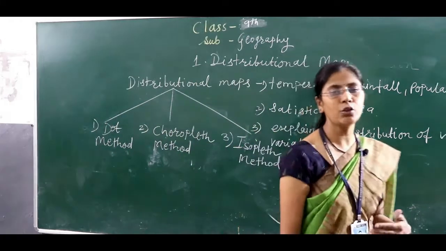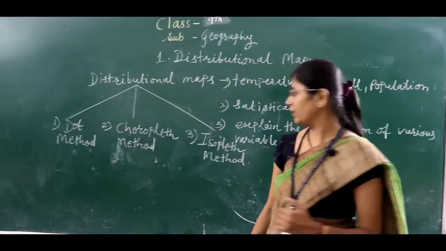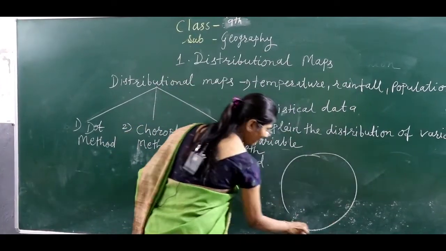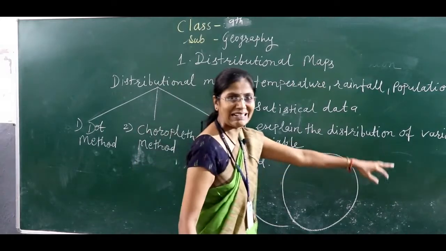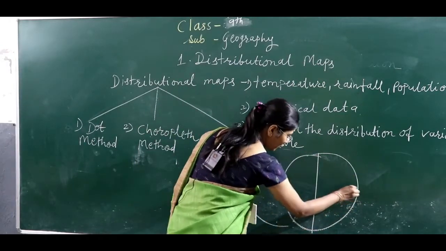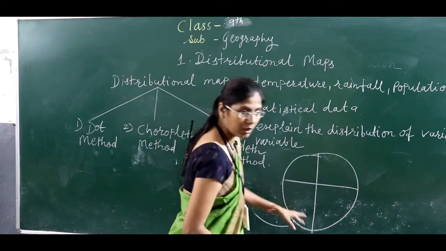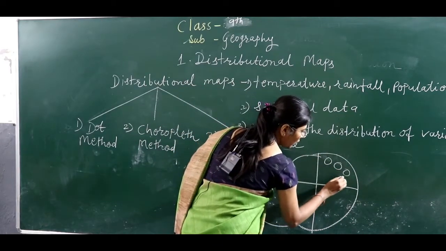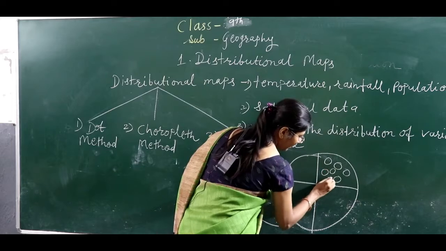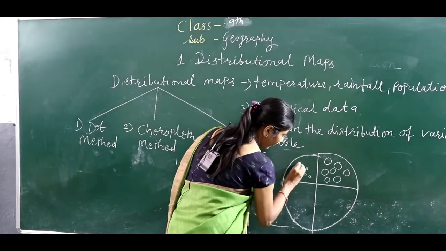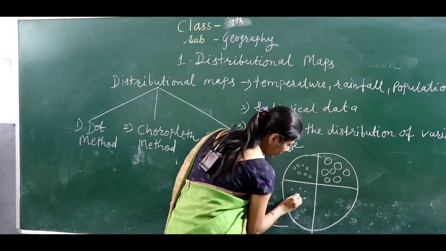What is meant by the dot method? In a dot method, we use different types of dots. Whenever we prepare any type of map, we use different types of dots. I just show how to use the different types of dots. Somewhere we use a big dot, somewhere small dots, and somewhere we give points.